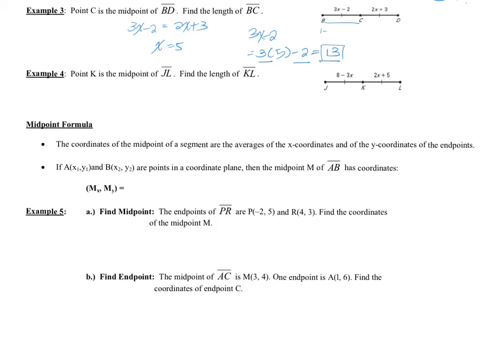Okay, and then on example 4, point K is the midpoint of segment JL. Find the length of KL. So I am going to take 8 minus 3x and set it equal to 2x plus 5. Then this will be 5x, and 3x would equal 3 over 5.